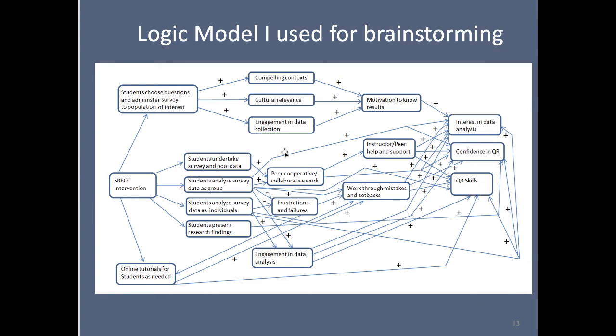You can say there was a lot more to it. There were other program components. We have 1, 2, 3, 4, 5, 6 program components coming out of the main intervention. They interacted a lot. This is too much to put in a proposal, but it really pushed us to think hard. It's really easy to say cultural relevance.